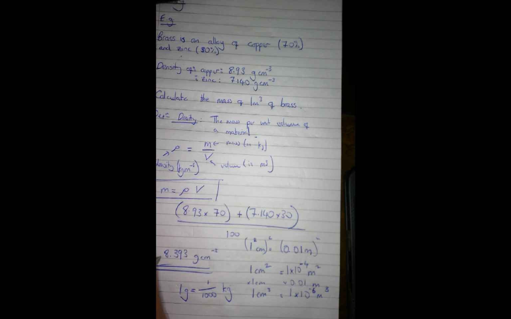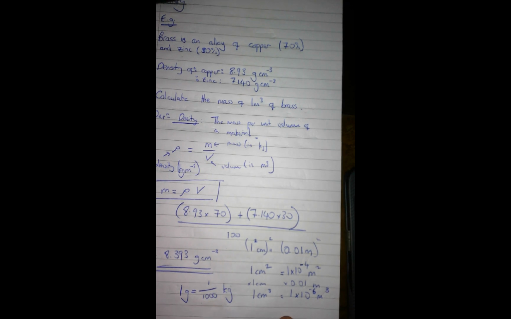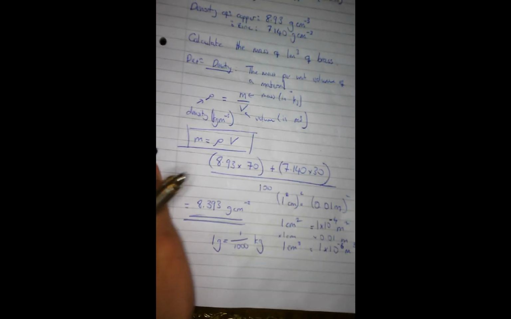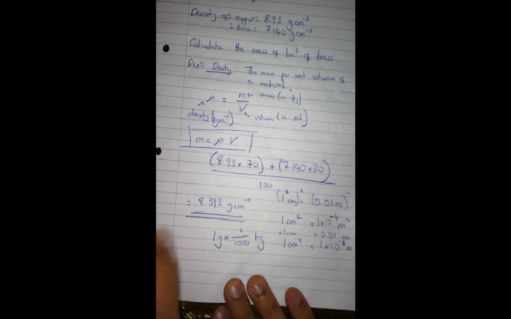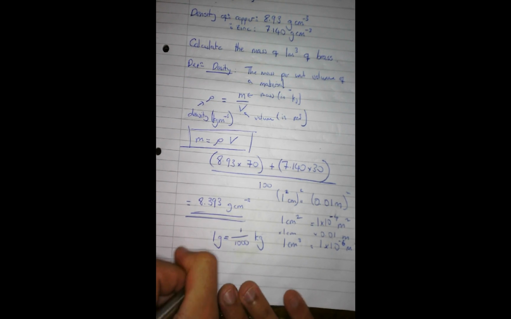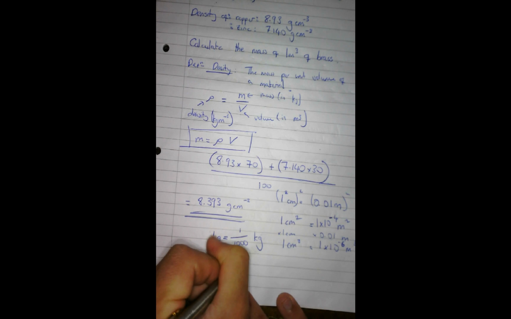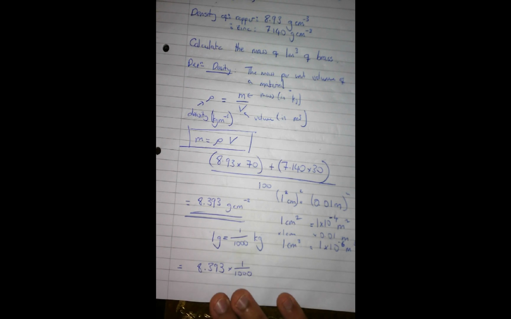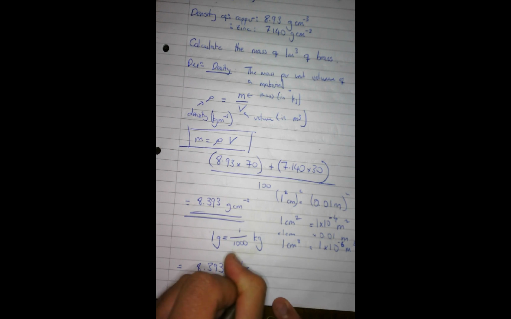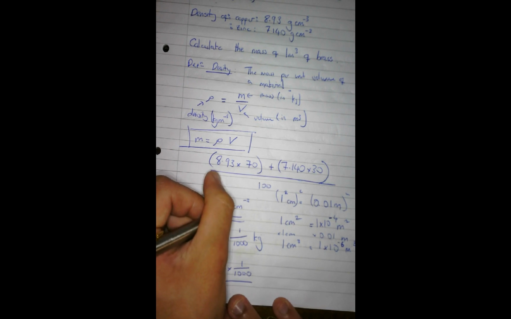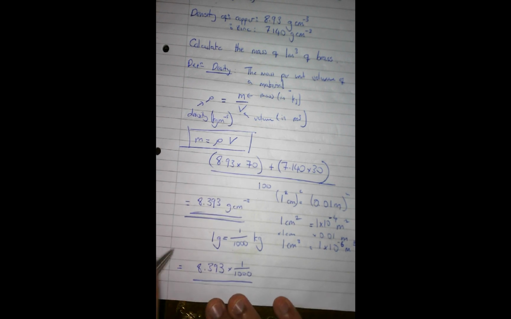So we can then just take these two things and apply it to this density that we've got. So we've got 8.393 grams. So we've got to times that by 1,000, sorry, it's the same thing as saying divide by 1,000. And we've got to divide that by our conversion from centimetres cubed to metres cubed.